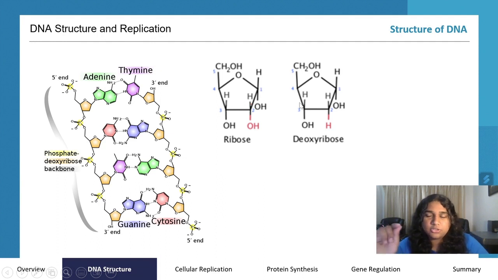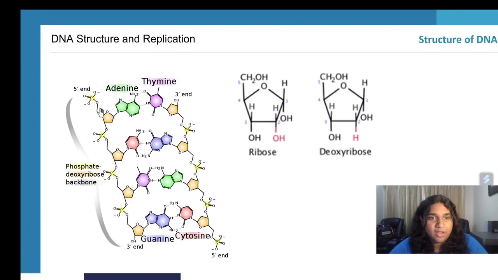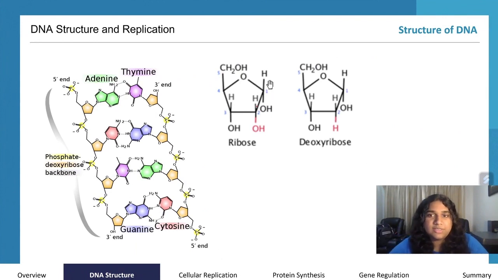And then to this carbon chain, we've got two things that are being bonded to. If you look on this side right here, you can see the phosphate group on the top will always be bonding to carbon number 5.